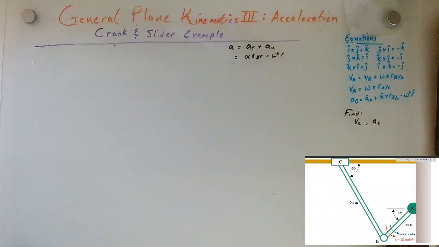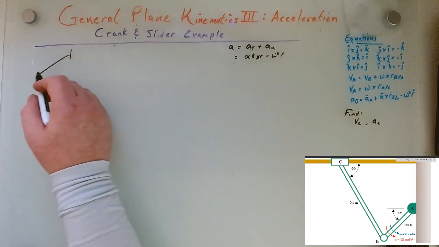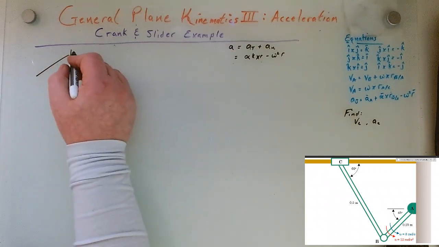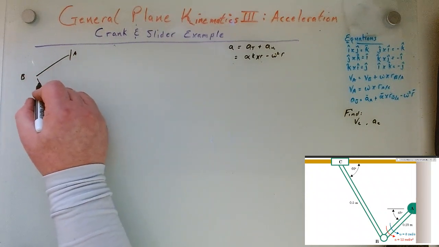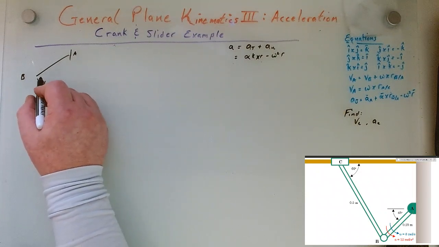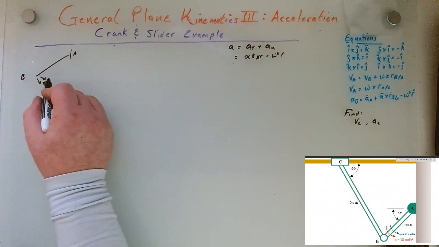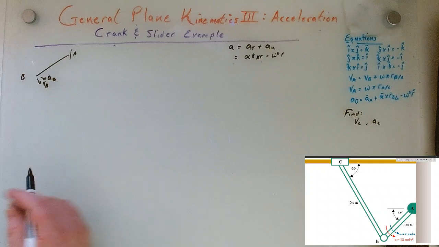We're going to need that because we need to calculate the V component at B and the A component at B. So to begin with, if we look at the bar AB, this is A, this is B, then there's a V component and then an A component like this. So this is AB, VB, and we should see if we can calculate those.